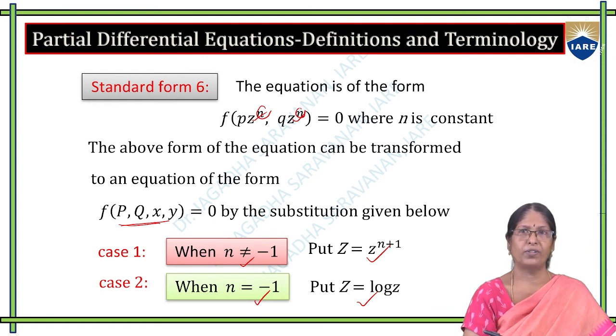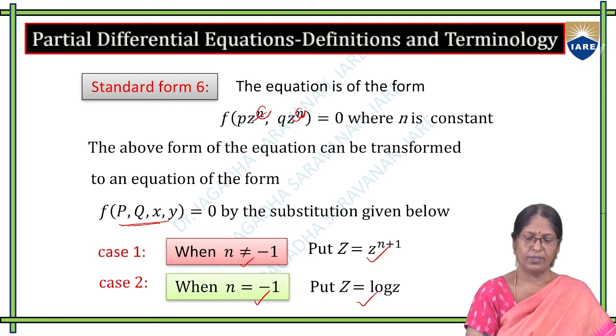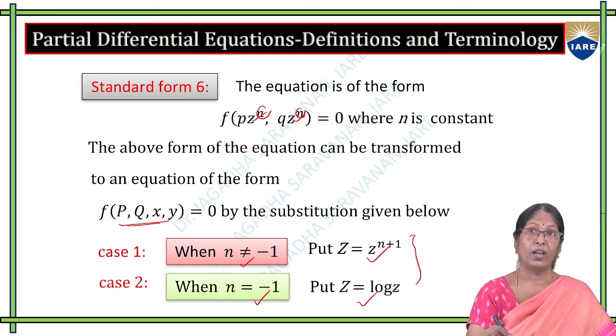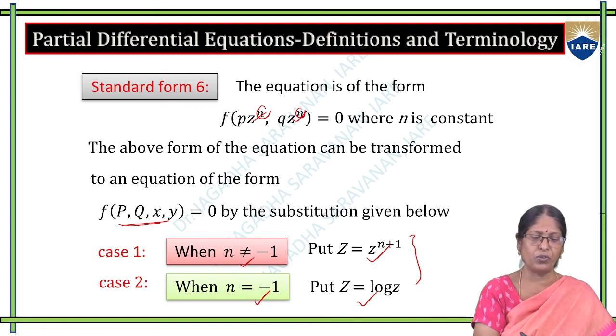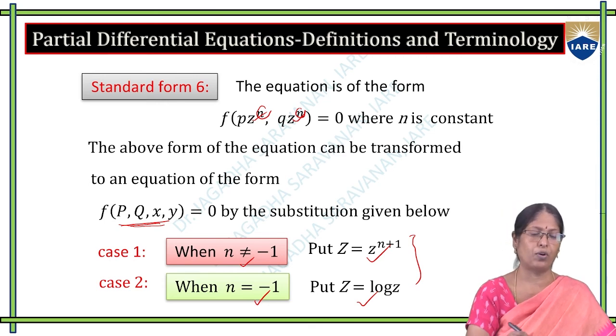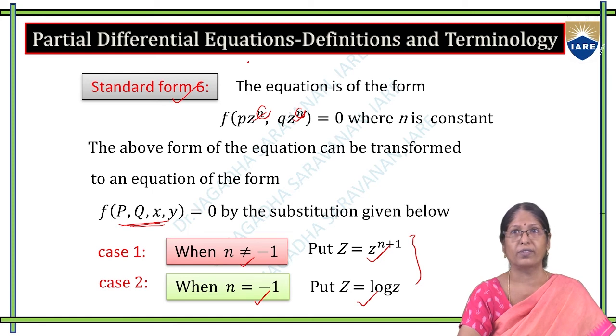So this is the terminology subjected to standard form 6, which is reduced to standard form 3. From there, using the rules related to standard form 3, we reach the solution of standard form 6, to get the required solution of our given equation.